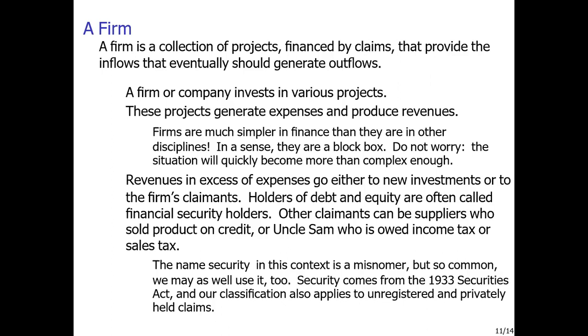Revenues in excess of expenses go either to new investments, meaning that's the profit. Holders of debt and equity are often called financial security holders. Other claimants can be suppliers who sold product on credit, or the BIR, who is owed income tax or sales tax, like our VAT, our percentage tax.